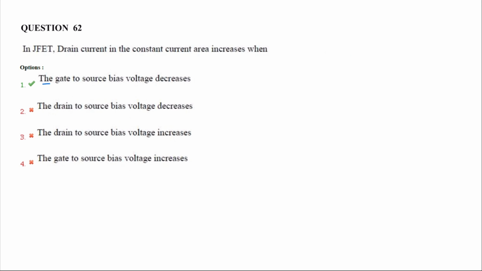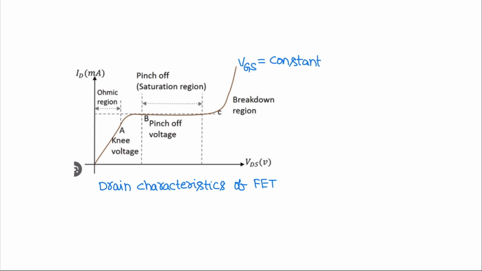Question number 62. In a junction field effect transistor, drain current in the constant current area increases. Let us see the characteristics and regions of JFET. These are the drain characteristics of a junction field effect transistor. The x-axis is VDS, the y-axis is drain current in milliampere.